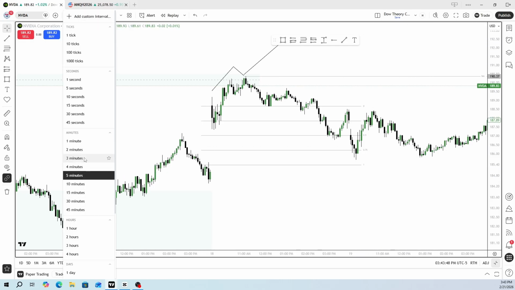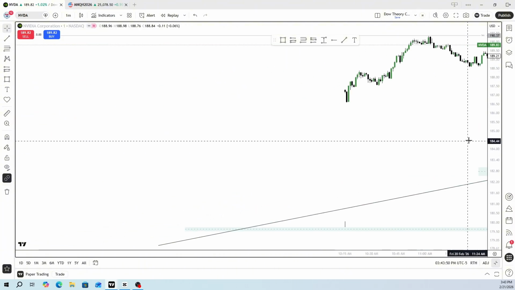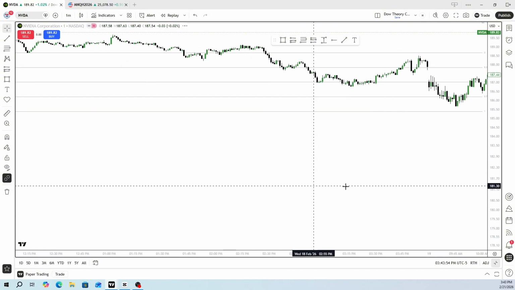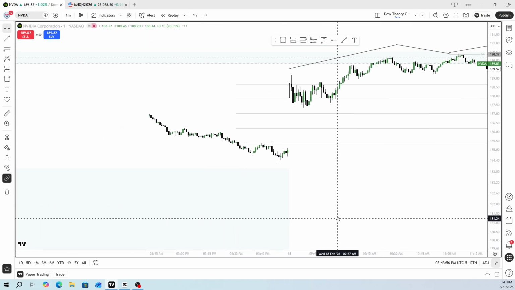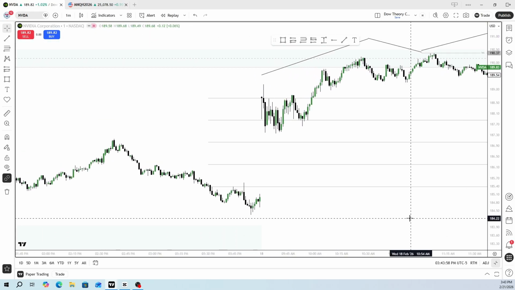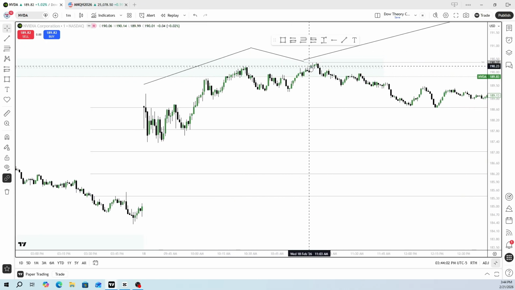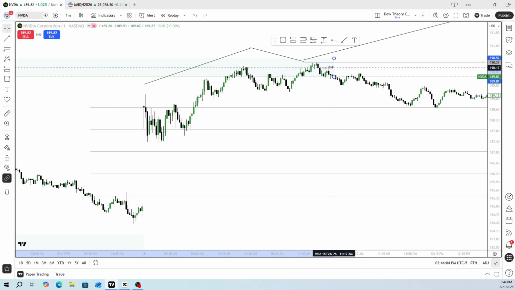All right, 1-minute chart. I would like to go back to the open at 9:30. There we go. All right, so the open at 9:30 is here. See us trade up into that area there.